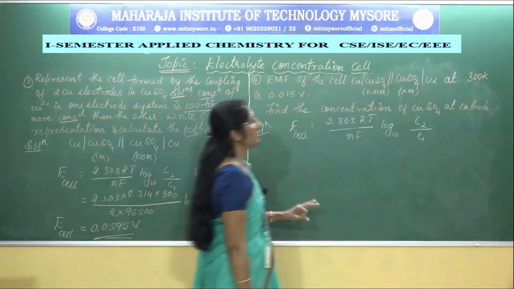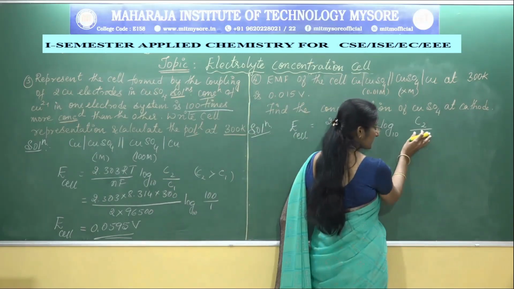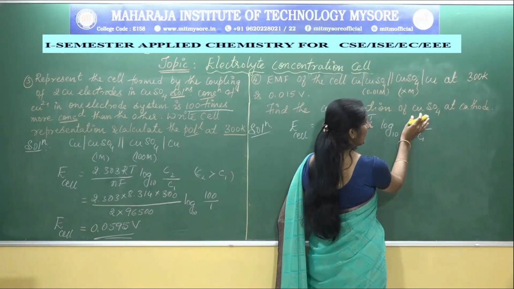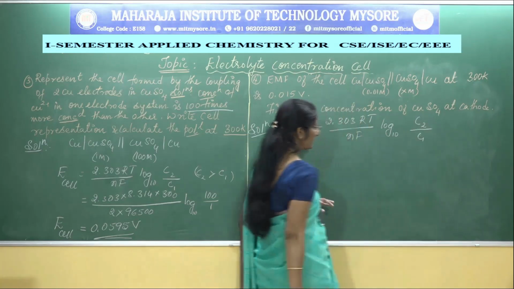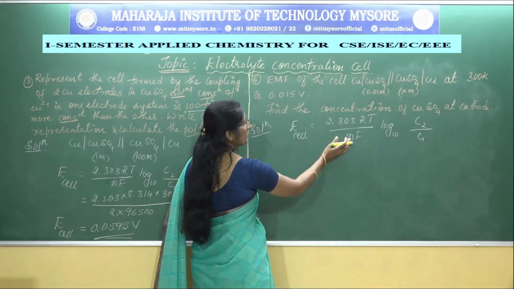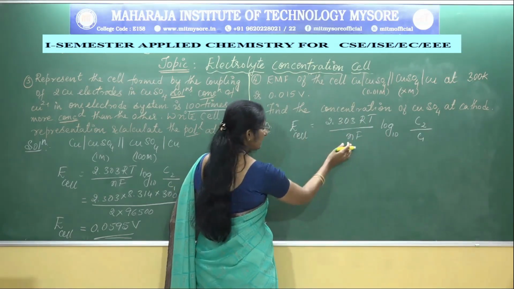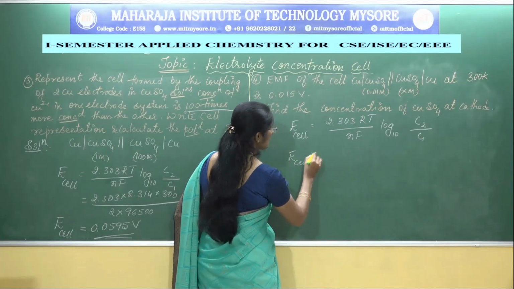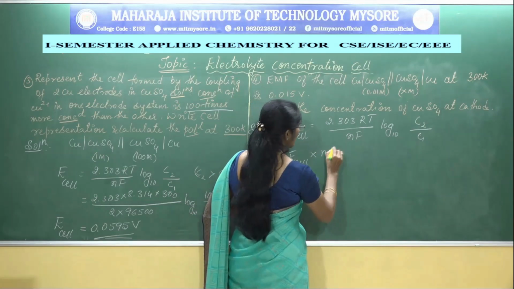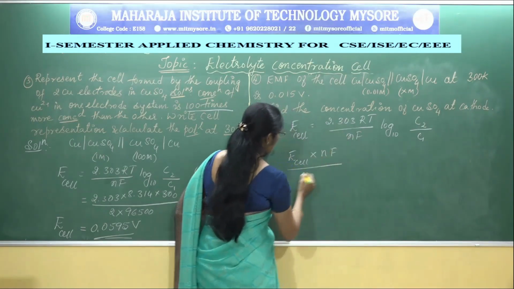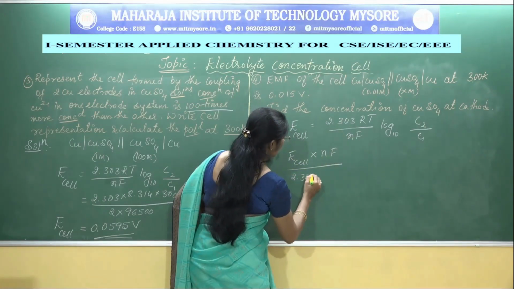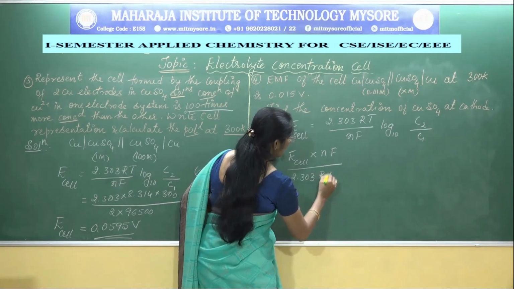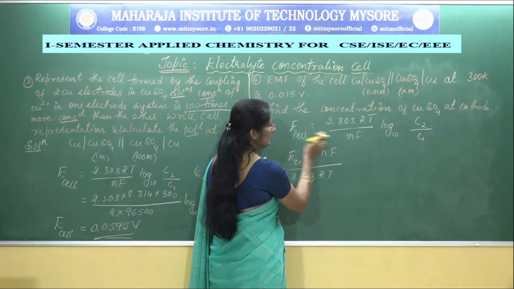Observe that they are mentioning the concentration of C1 and we have to find out the concentration of C2. So first we have to simplify this. I am simplifying this equation like this: E cell into nF divided by 2.303 RT. Observe that I am cross multiplying these two.